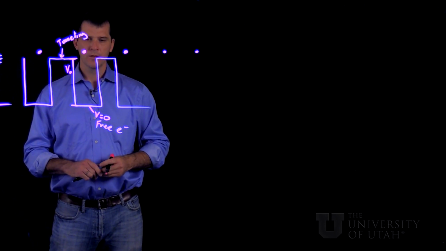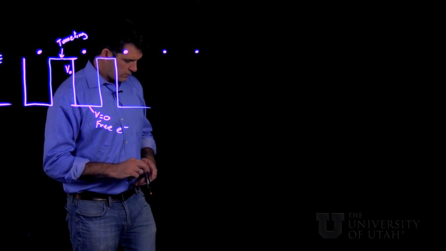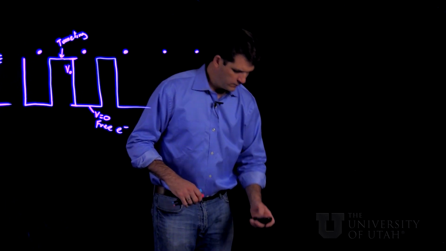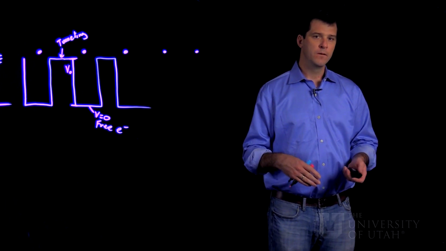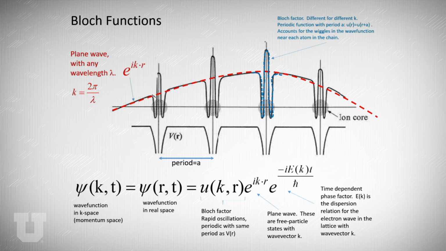Okay. So the first thing we have to do, it turns out, when you're dealing with a periodic potential is to represent your solutions in the Bloch form. And the Bloch form is shown here on this slide.